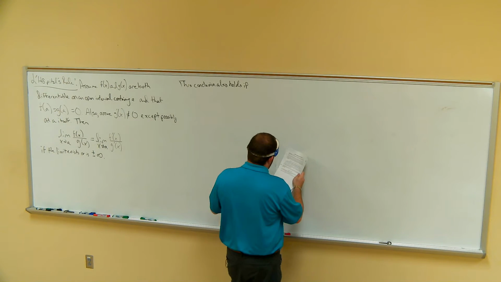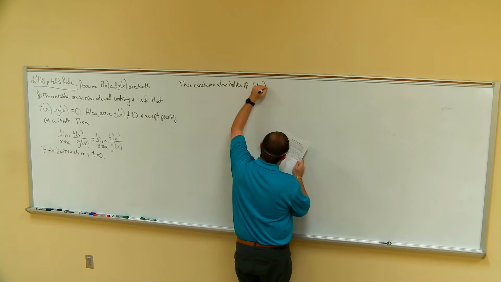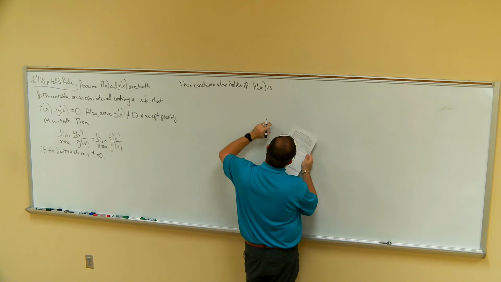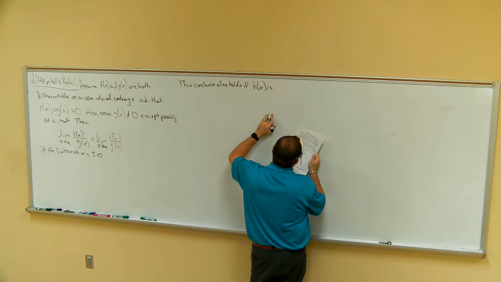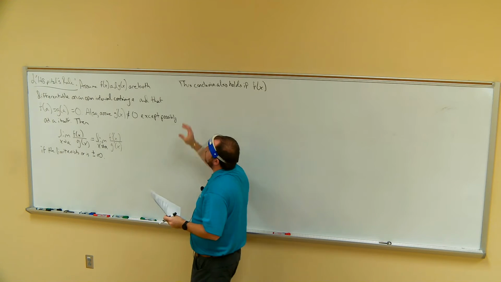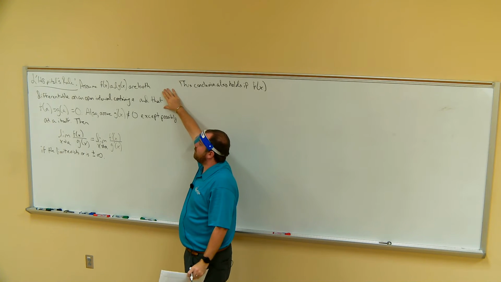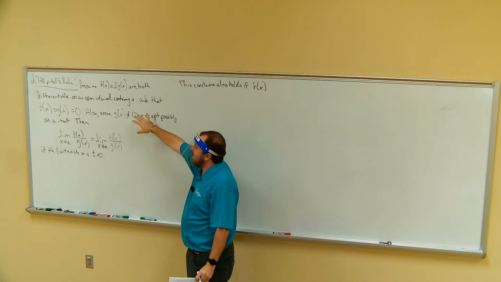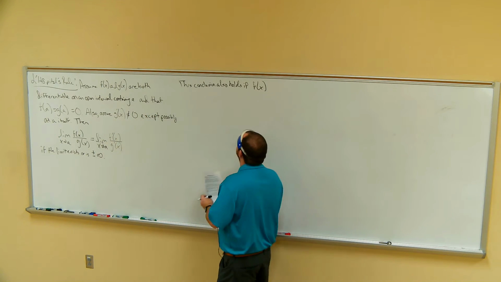And this also holds in another case. You get the original criteria: f of x and g of x are both differentiable around a, and you get them equal to 0.